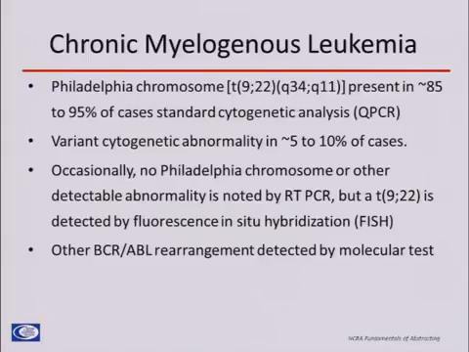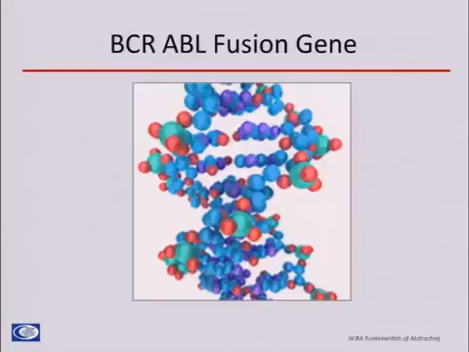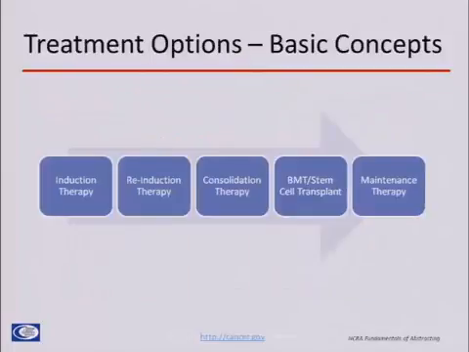Okay, we've talked enough about this one. This is what it looks like as a fusion gene. It's called a fusion gene because the abnormalities fuse together, and then they start to reproduce. We already said that. Treatment options. Oh, this is important. This is basic concepts in treating leukemia.